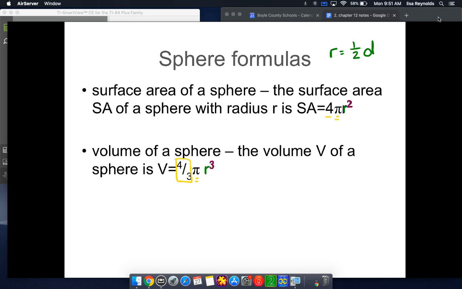One other thing that we are going to be doing is they are occasionally going to give us the circumference of the great circle.